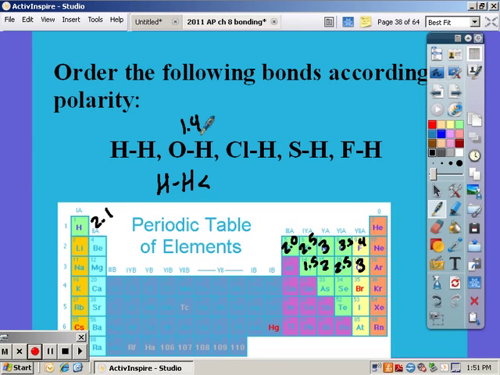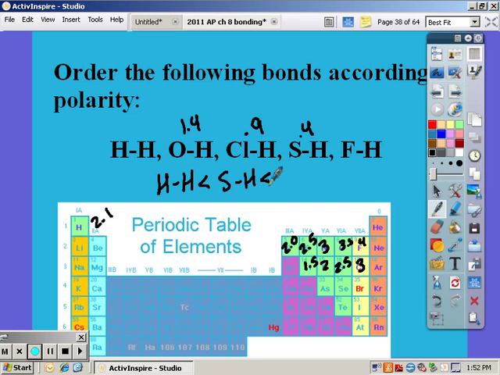And now we need to look at our differences. Oxygen, hydrogen was a 1.4 difference. Chlorine, hydrogen, a 0.9. Sulfur, hydrogen, a 0.4. And fluorine, hydrogen, a 1.9.